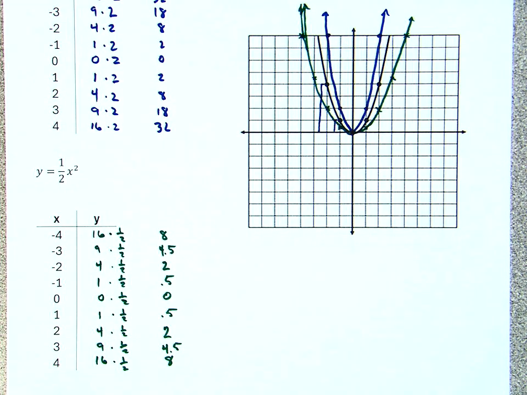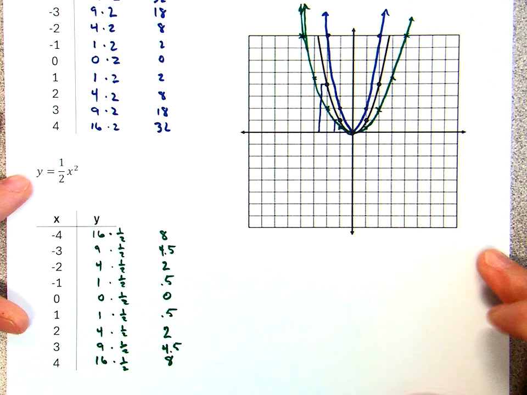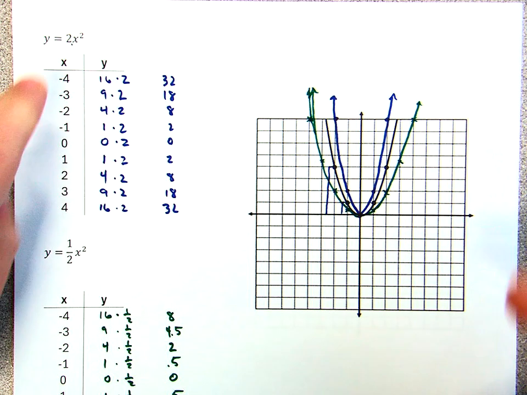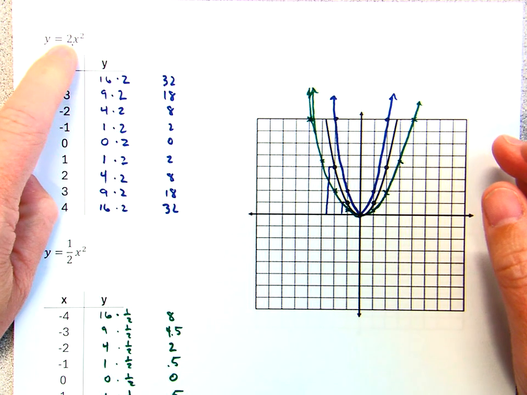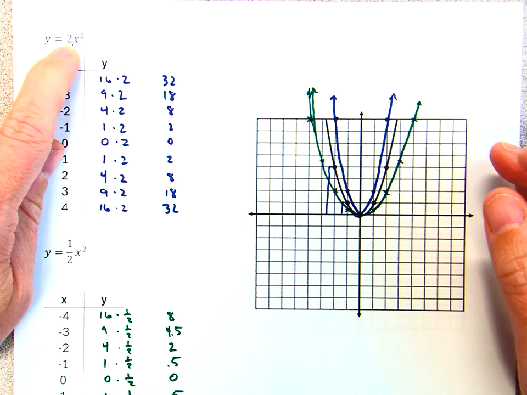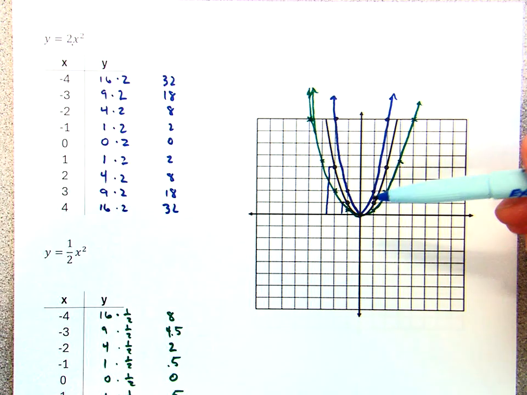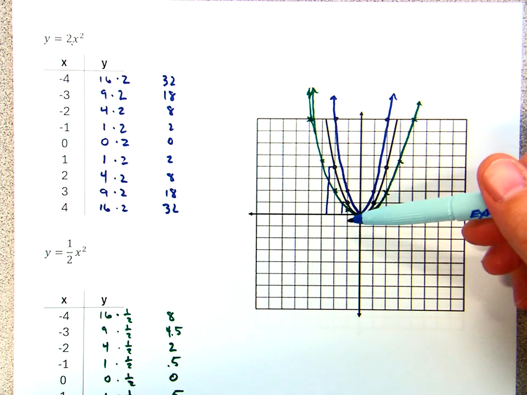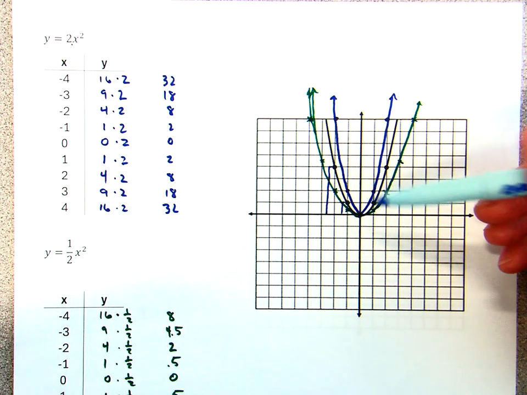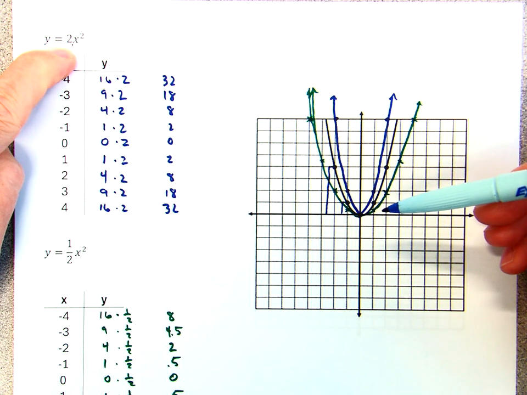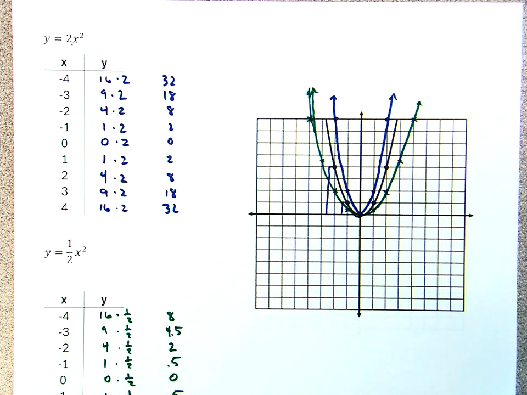Okay. So let's try to consolidate this a little bit. If this coefficient is a multiple to a y value that represents the height, then the height will increase if this coefficient is a value larger than 1.